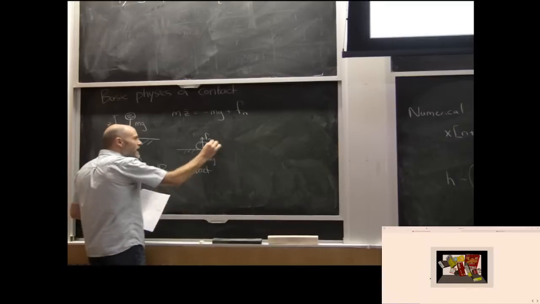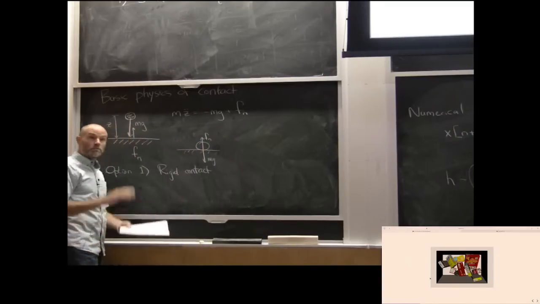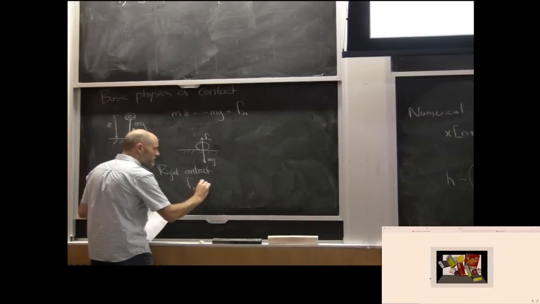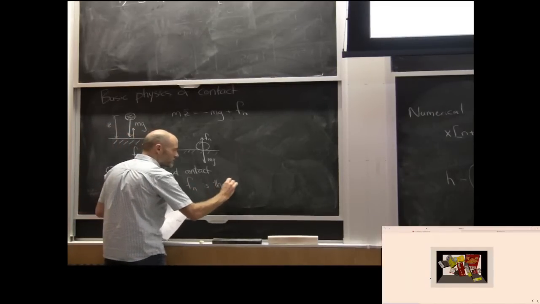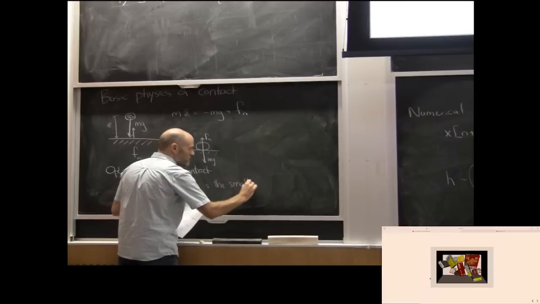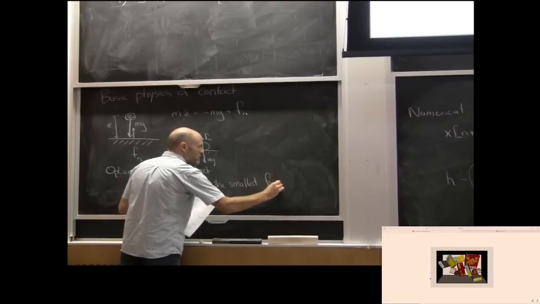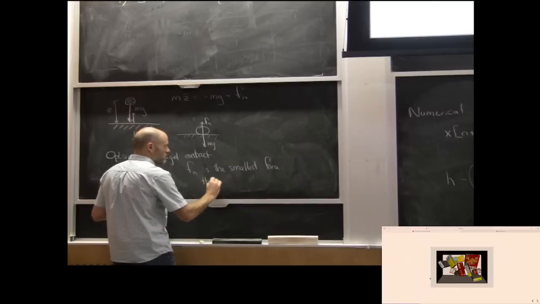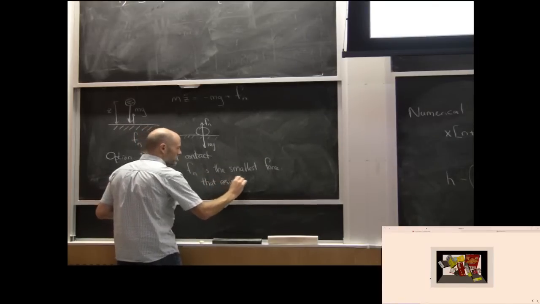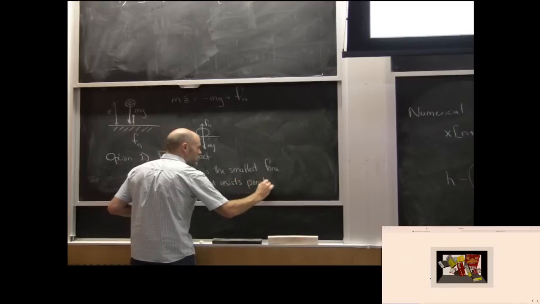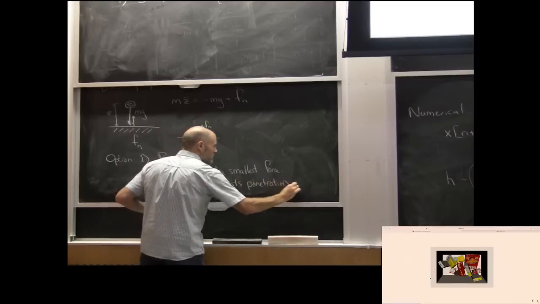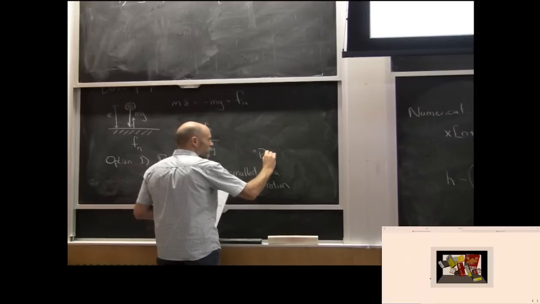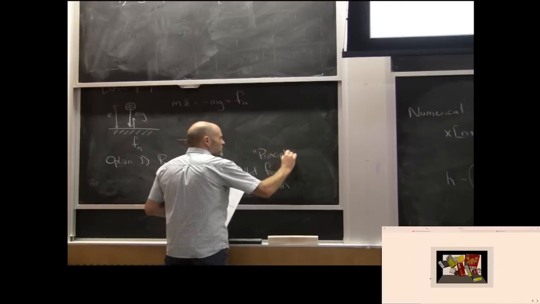So the way that Fn is defined in the perfectly rigid case, Fn is the smallest force that resists penetration. It's the principle of least action if you want the variational version.